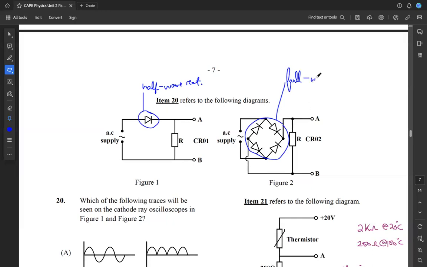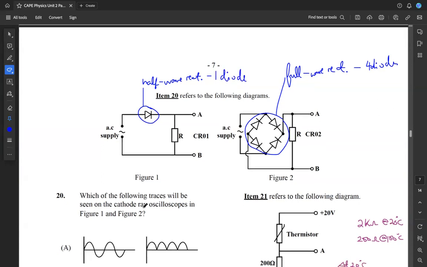So that's full wave, because we have 4 diodes. And this one is half wave because we have 1 diode. Okay? So now let's see what the question is asking us.